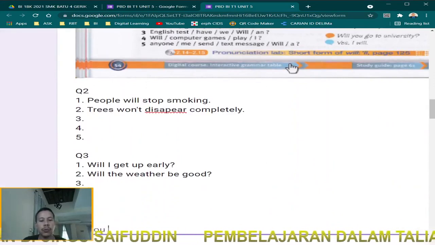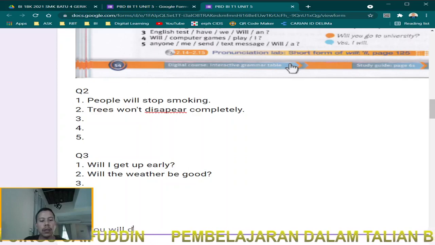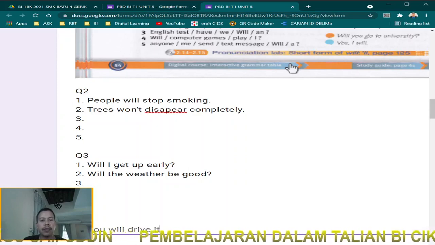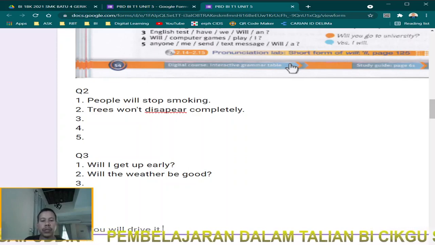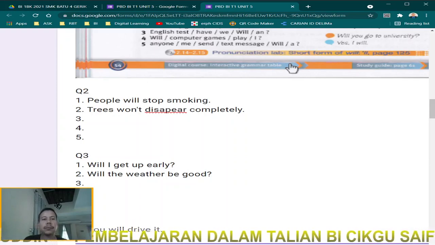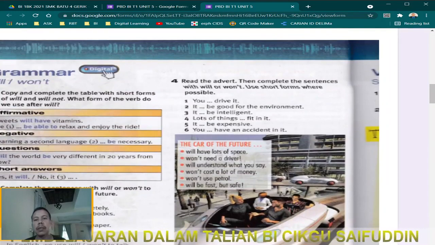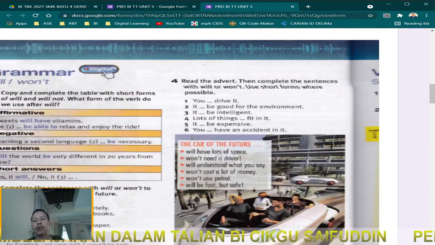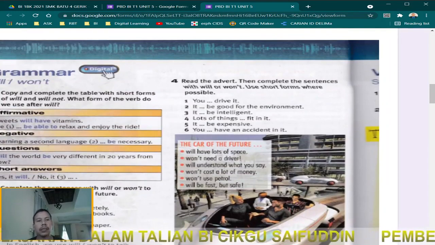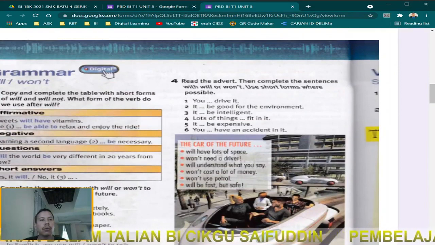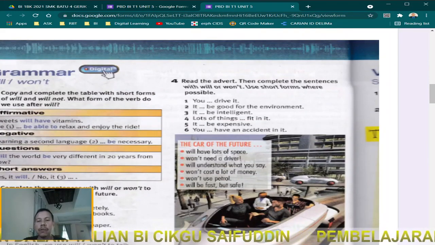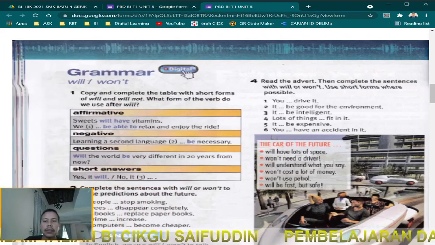For example, you will drive it. Anda akan memandu ia. Number 2: it, blank, be good for the environment. It will be good for the environment.